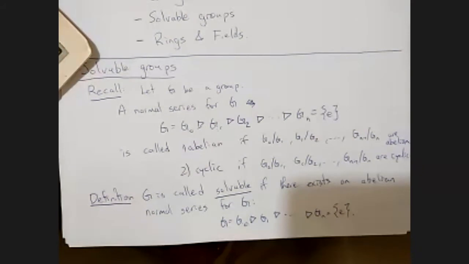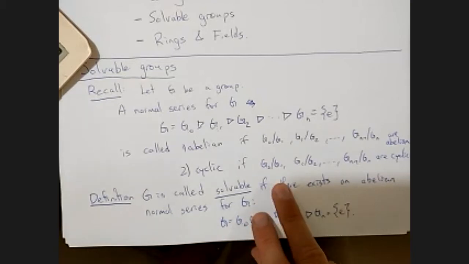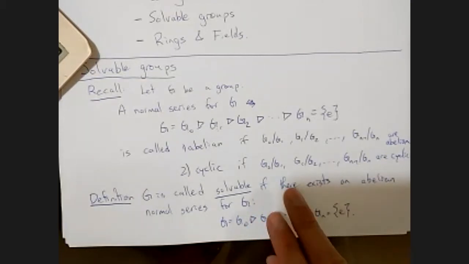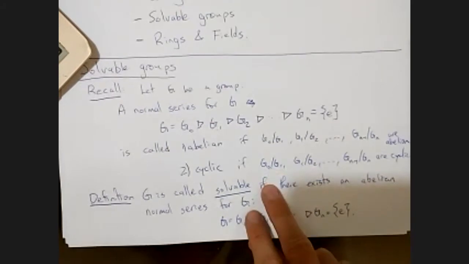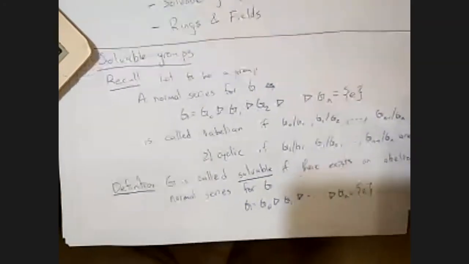And what's an example of a solvable group? Well, any abelian group is solvable. Let's see why.